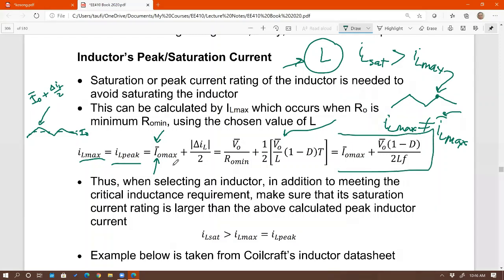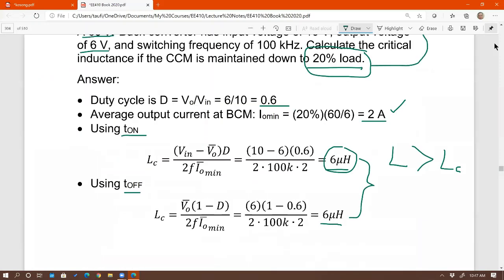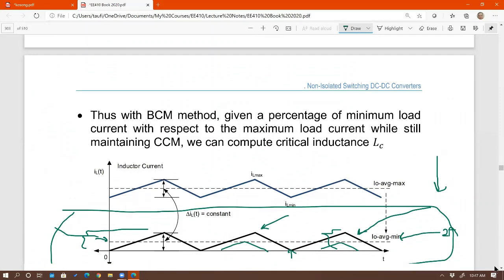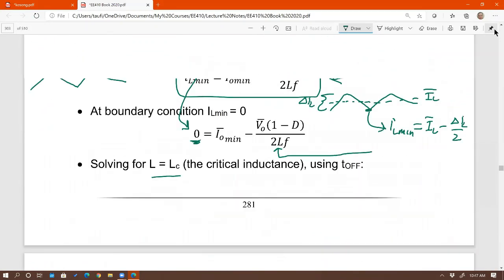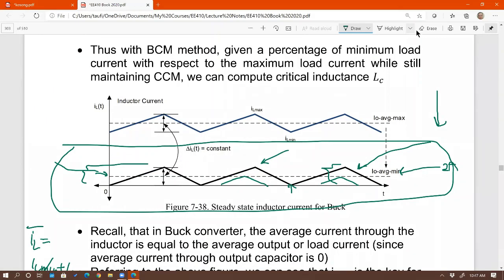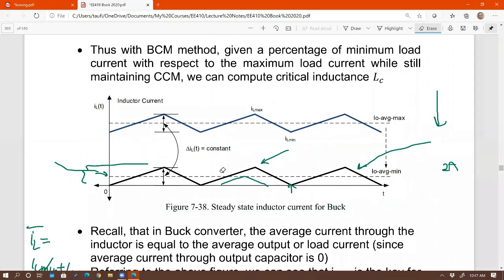Notice that in order to find that peak value, I need to apply the worst case scenario. In our case, the worst case scenario for the peak value must be at full load. If I go back to here, just to make sure that it's clear, erase this whole thing.